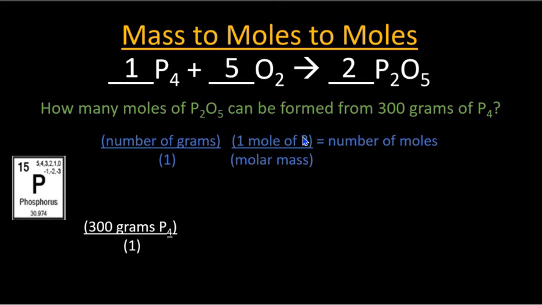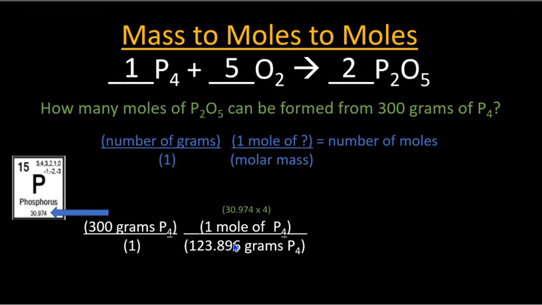Now, this thing we want a molar mass of is P4, not just P. So P right here gives us 30.974, but we need to multiply that times 4 because there are 4 of them. So for every 1 mole of P4, you get 123.896 grams of P4.